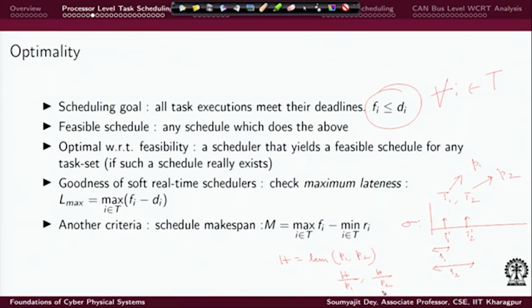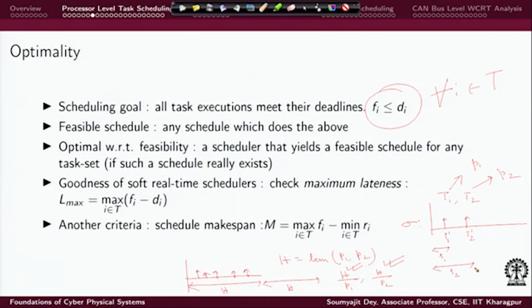As long as you have a schedule which is able to figure out start times for all these instances of T1 and of T2, this is what is going to repeat again in the next hyper period. So, if you draw up to some hyper period H, whatever instances of T1 you have, you are able to schedule them, and whatever instances of T2 you have, you are able to schedule them. This is what will repeat in the next hyper period, and it is just going to continue.